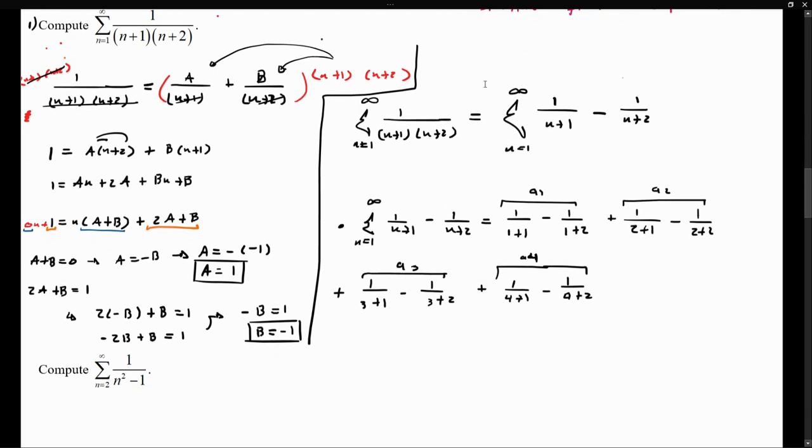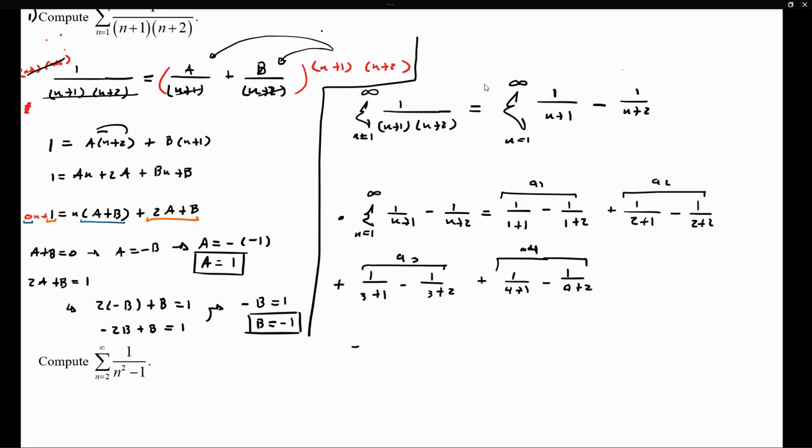But now, let's simplify all this. So if we were to simplify this, and again, we're not going to talk about this example, so let's just block it here on the side. If we were to find the first term, well, that's equivalent to 1/2 minus 1/3. This is the first term. Now let's find the second term.